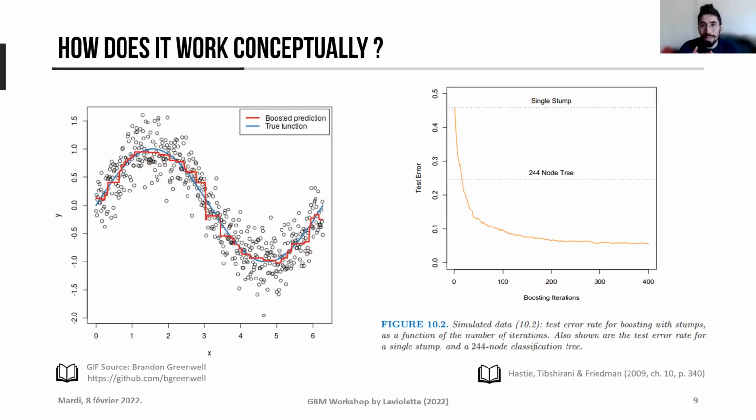This single split could improve your accuracy slightly better than random guessing. If you have a massive decision tree with, for example, 244 nodes, it improves your accuracy much more. But if you add many single stump trees, by boosting iterations we mean the number of trees that are added to the ensemble of trees, we can decrease the test error rate, or increase the accuracy of our model by quite a bit.